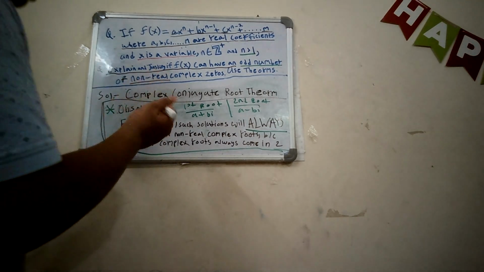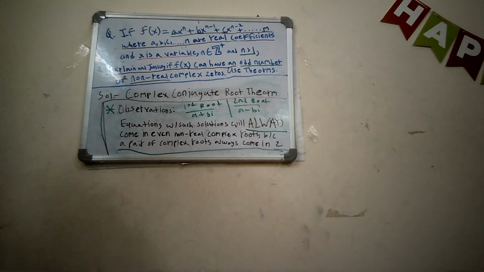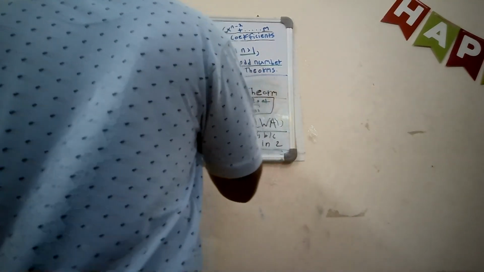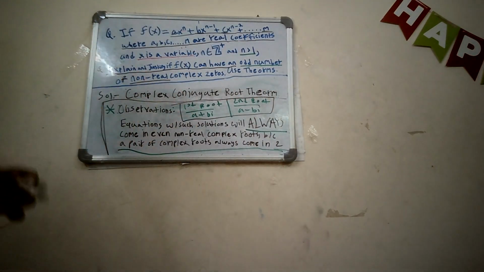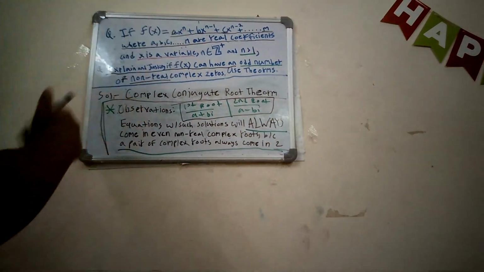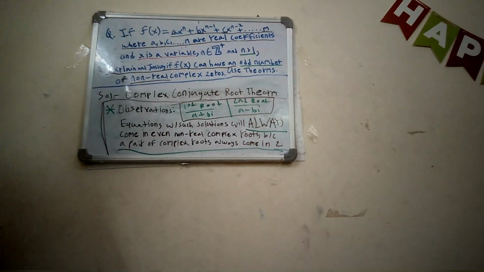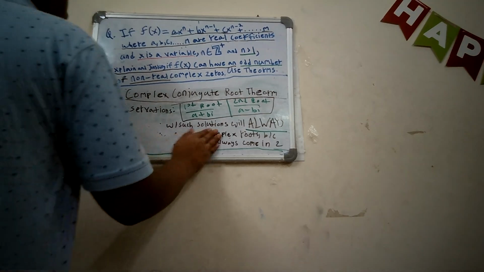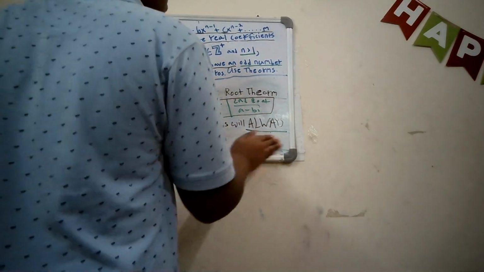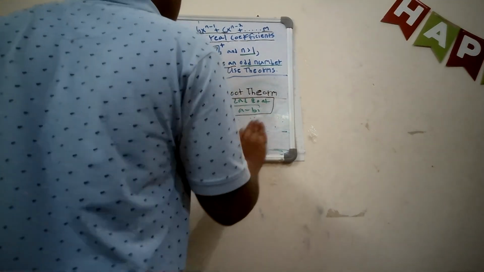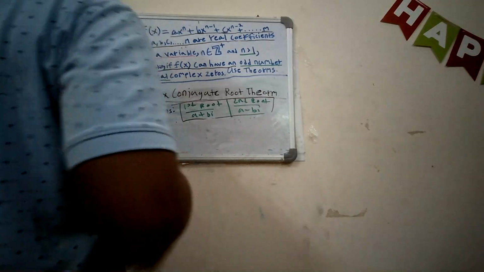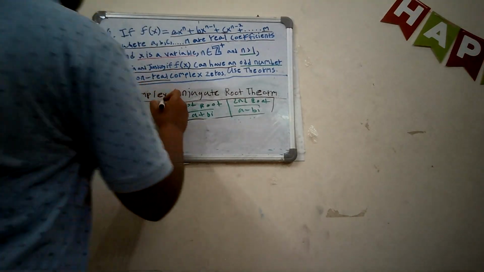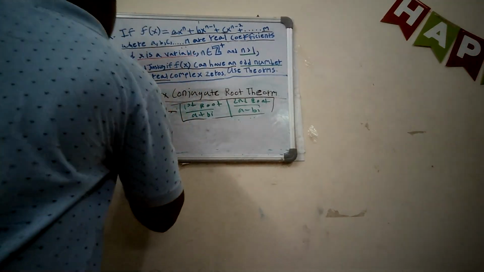Because, for example, if these are the roots, if this is a pair, suppose we have another pair. This is pair 1. Let me just erase this. Now I'm going to explain the reasoning behind this. Look, suppose I'm going to call this pair 1.